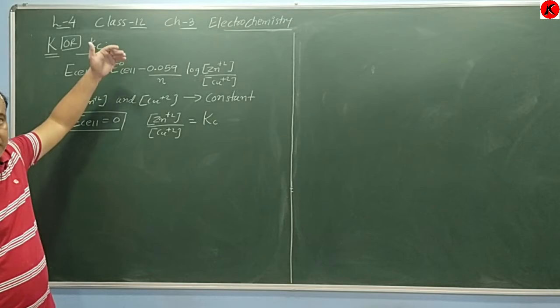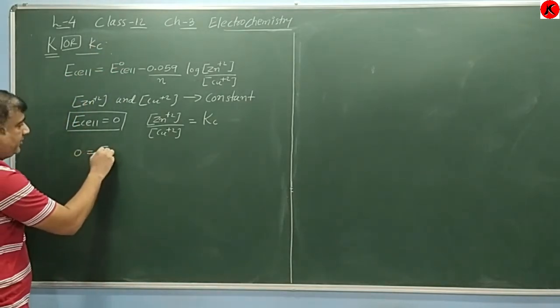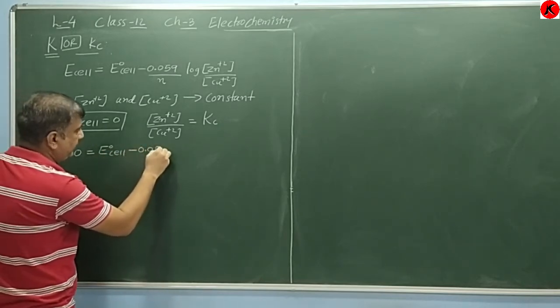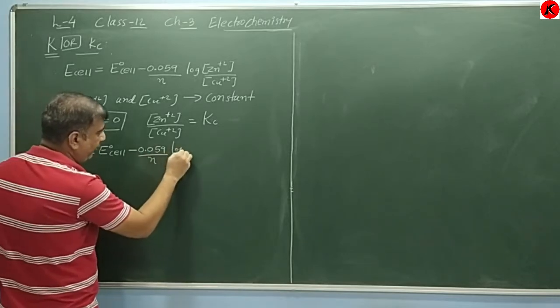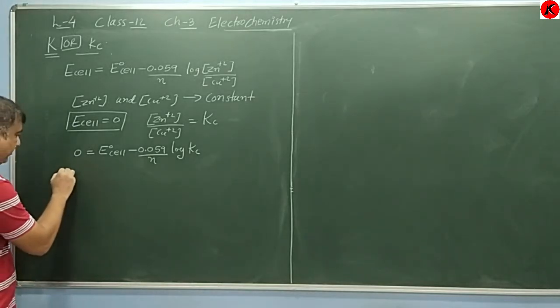So by substituting this value, E cell equal to 0, we get E naught cell minus 0.059 upon n log Kc equal to 0.